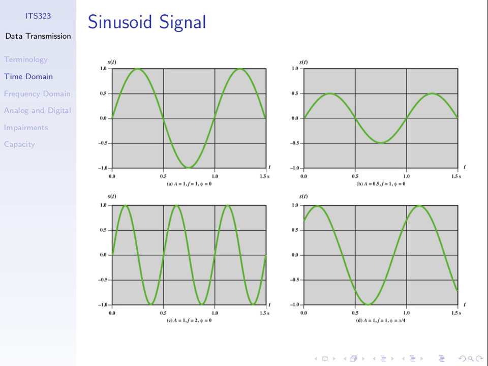The top right plot, SB, as a function of time, the signal strength. We've set the peak amplitude as 0.5. The frequency is the same, and the phase is the same. So the signal becomes 0.5 sine 2 pi t.